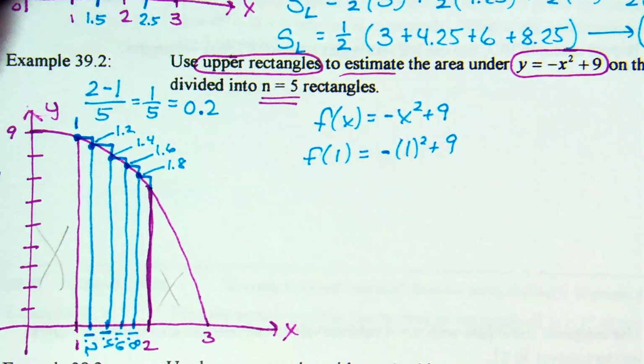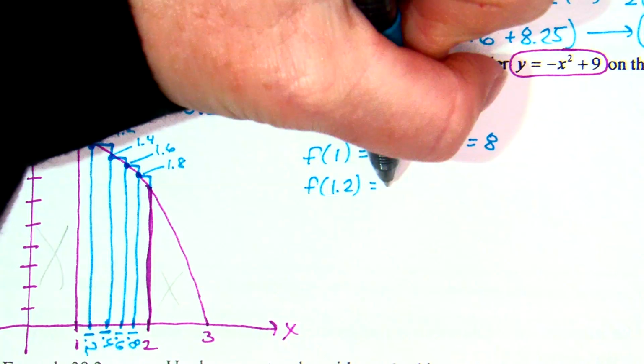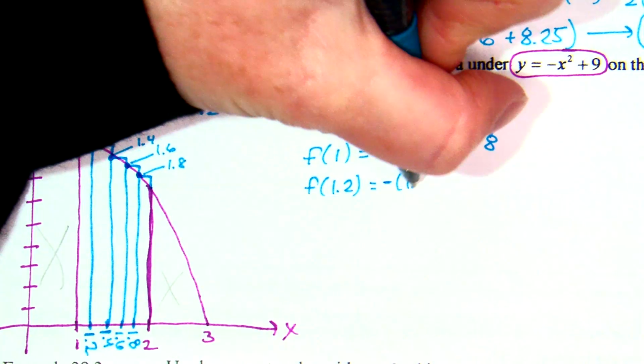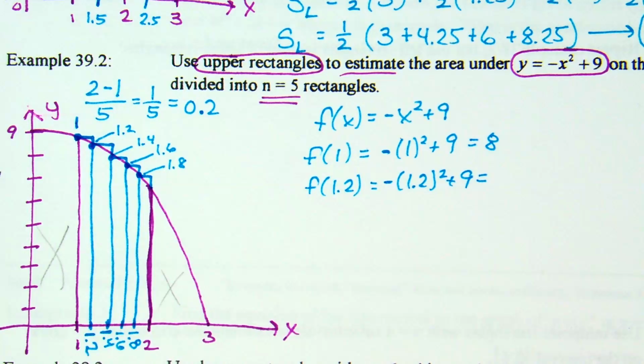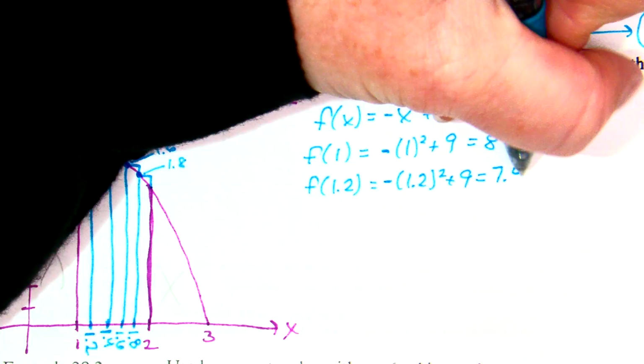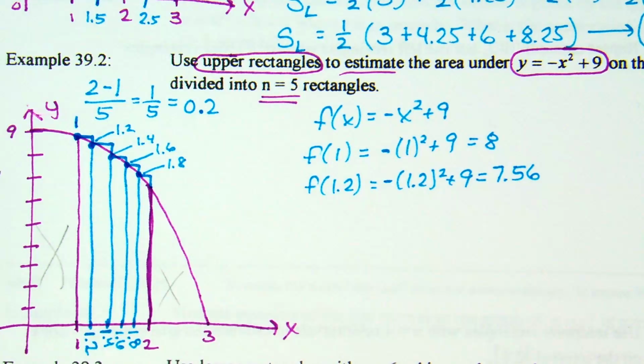We need to find f of 1.2. So the negative of 1.2 squared plus 9. This is where you grab the calculator, and the calculator's doing the work, right? I have 7.56 if you want my number.